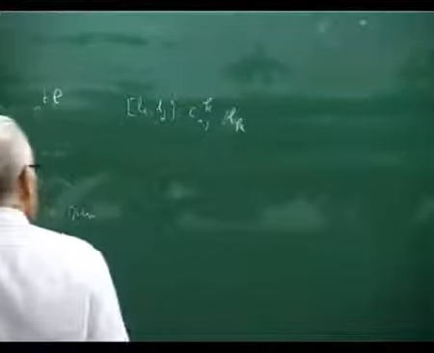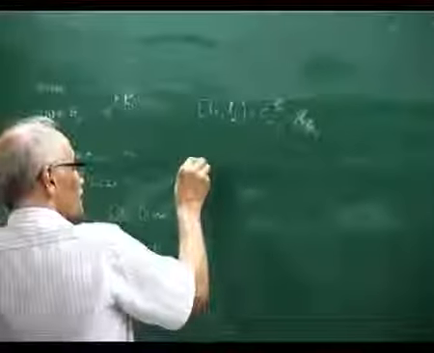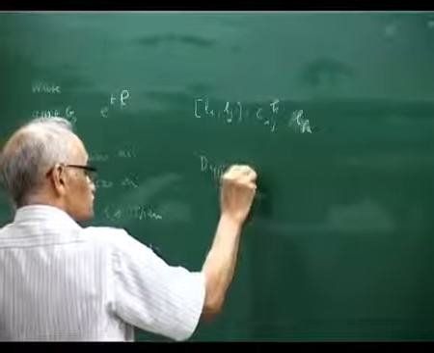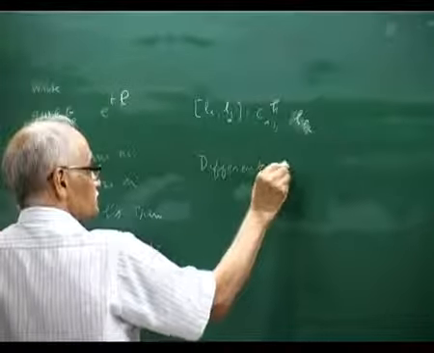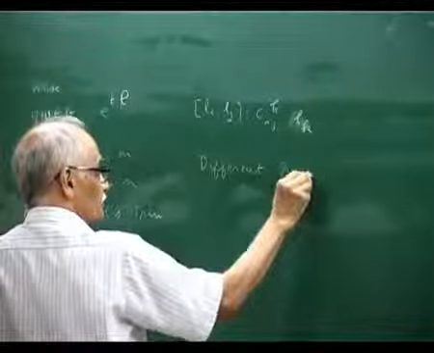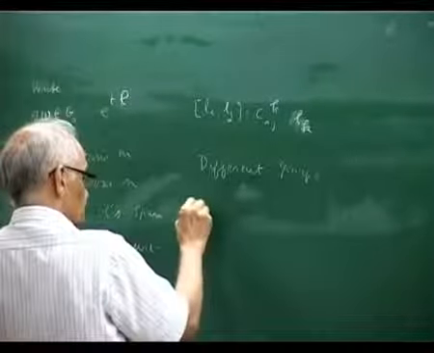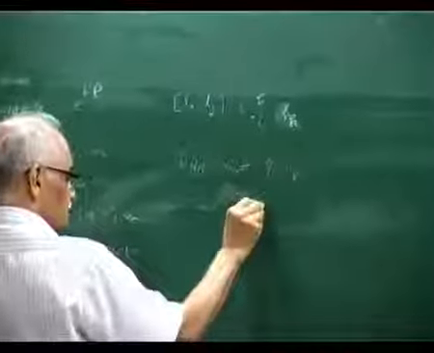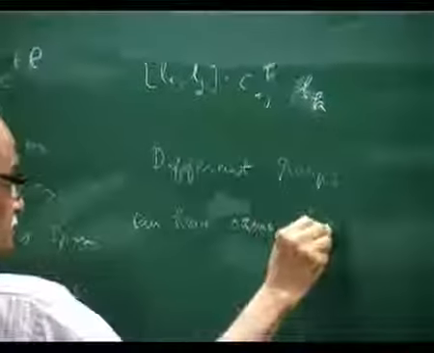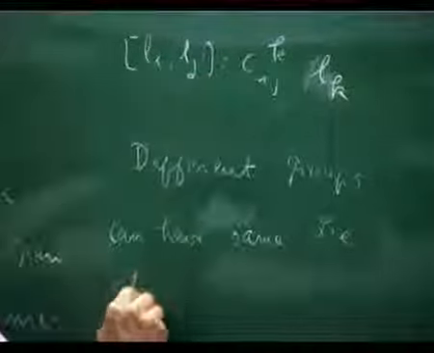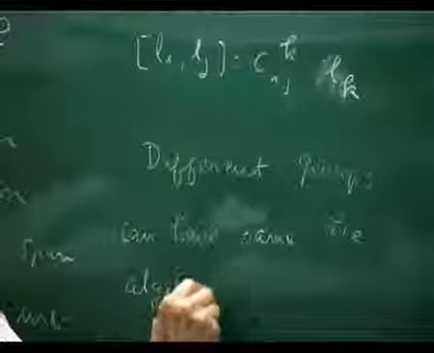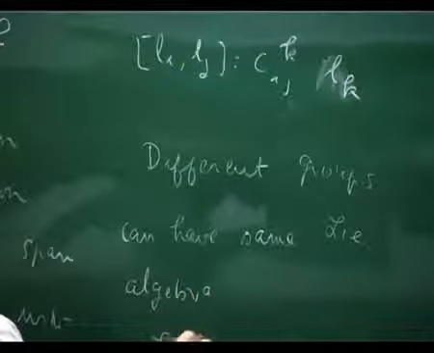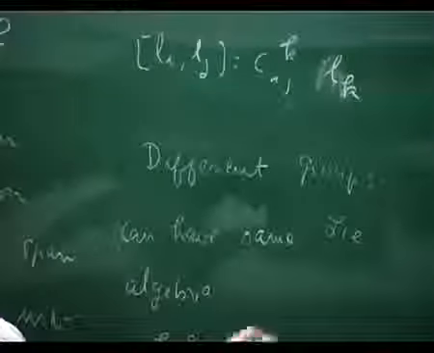Then we found also that different groups can have the same Lie algebra. Such an example was SO3 and SU2.